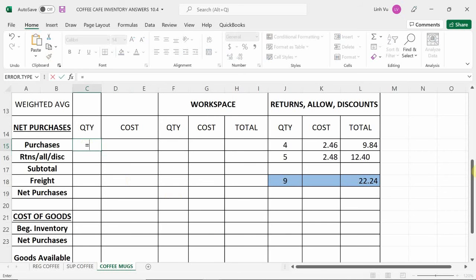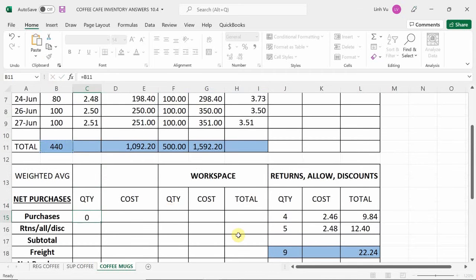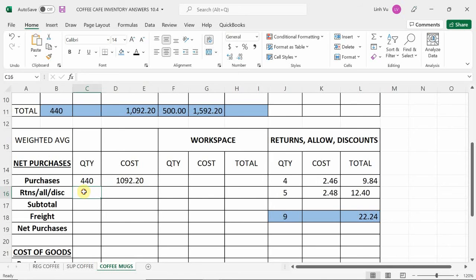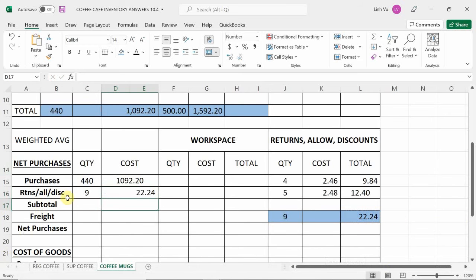So purchases, how many items did we purchase in total? 440 at 1092.20. Okay. Do we have any returns and allowances? Yes, we do. We returned 9 items at a total of $22.24.